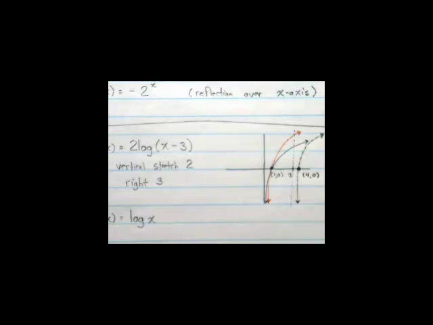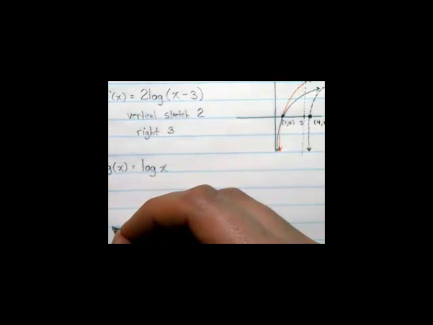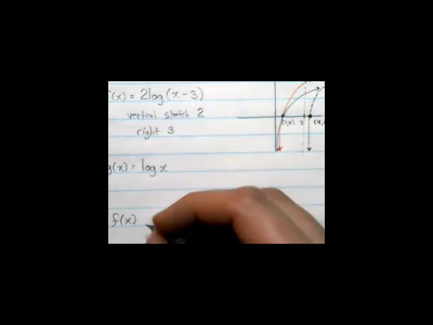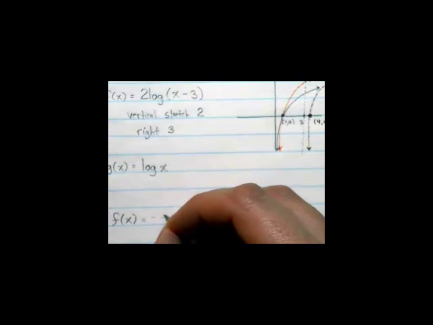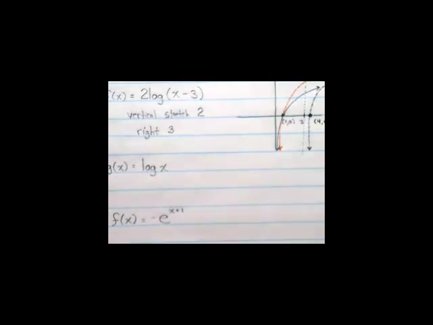Okay? So let's do one more together. Then I'm going to have you guys bust out your journals and practice this a little bit on your own. So, all right. We'll do an exponential one this time. So let's do negative e to the x plus 1.